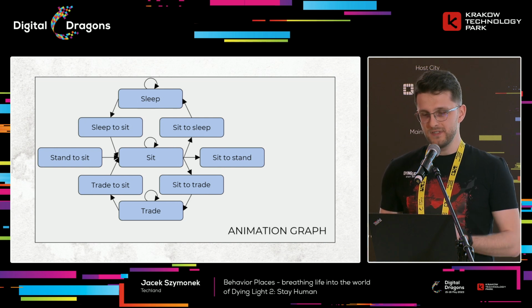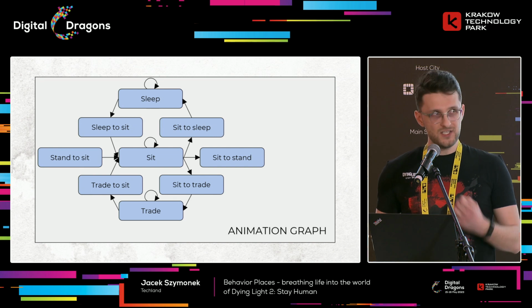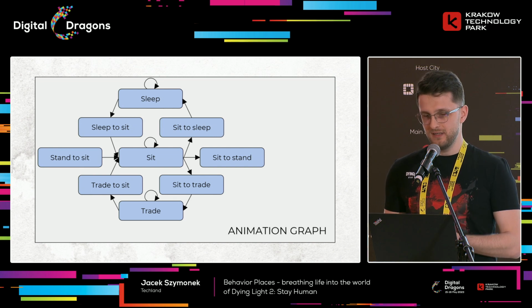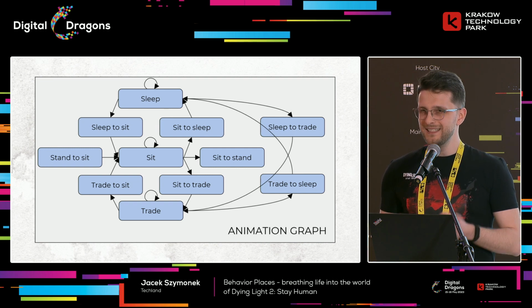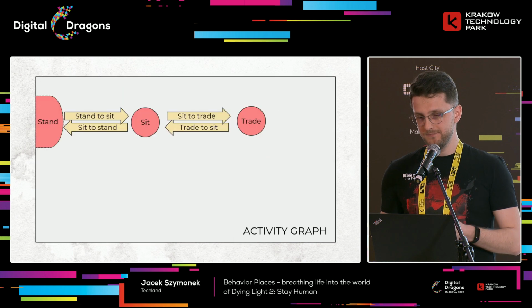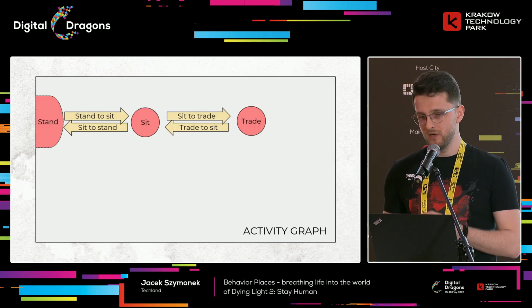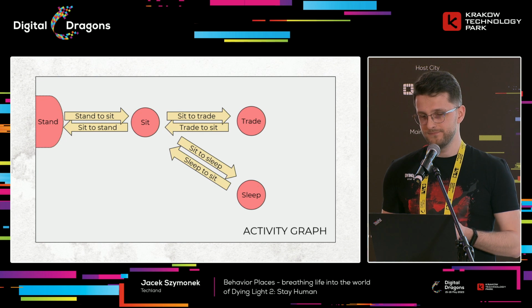And what if we wanted more activities? What if each activity could transition into any other activity? We found the state machine to be too complicated and error-prone. We needed a better way to represent it. With the activity graph, we can extend our previous configuration with the new activity and add the proper transitions.